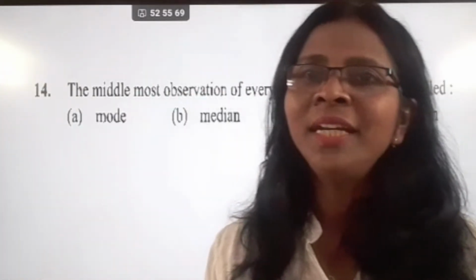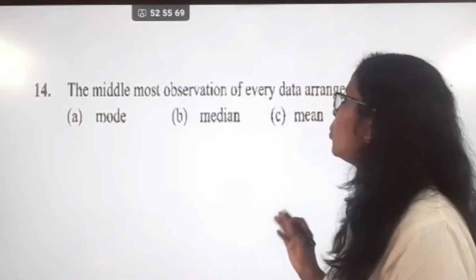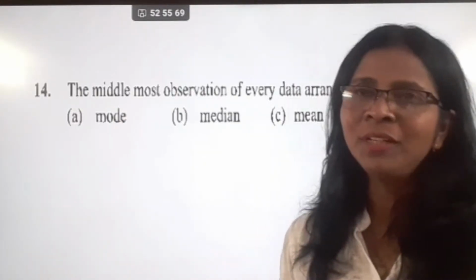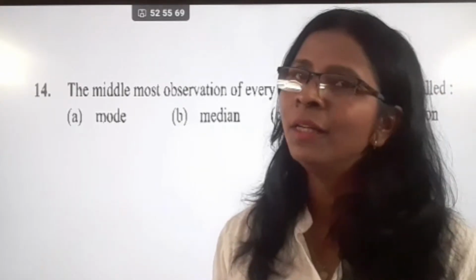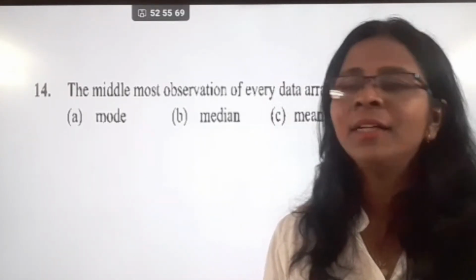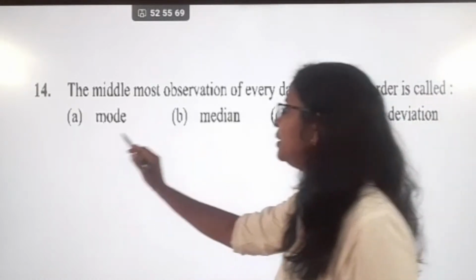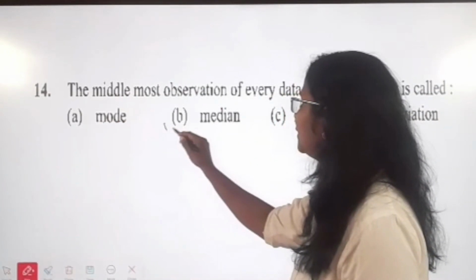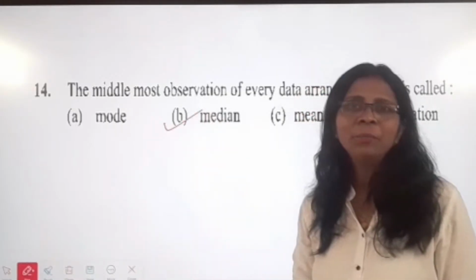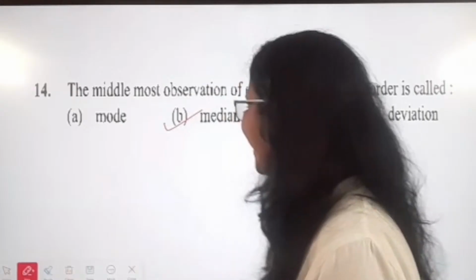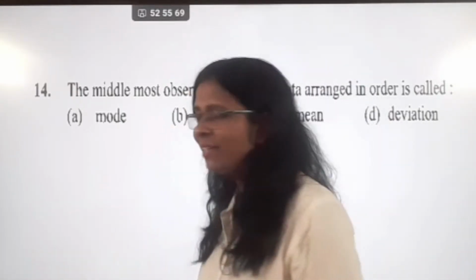The middlemost observation means nothing but the median, and that's why the correct option is B, median. Then the next one, example.